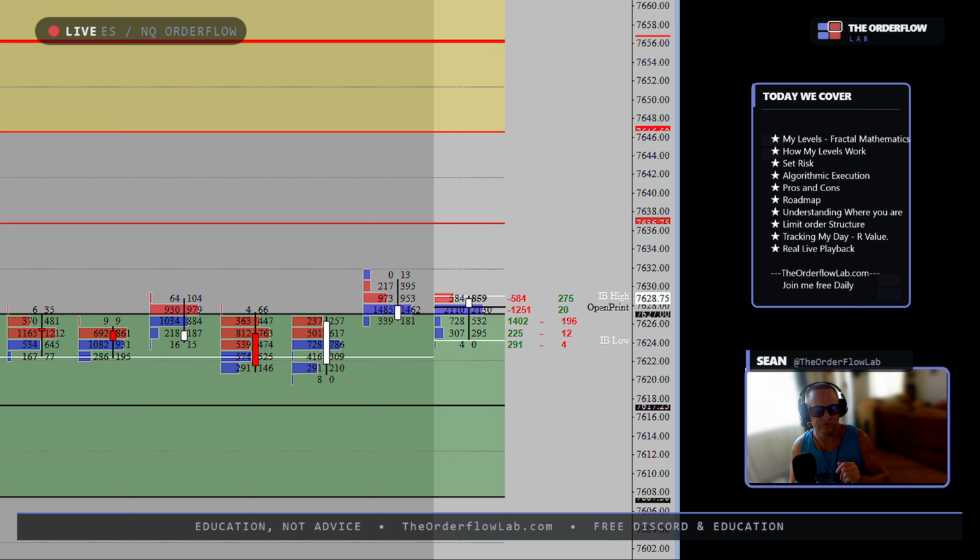We hate directional moves, right? But on directional moves down, the only signals that are going to fire are long signals off levels, because it comes down, hits the level, bounces, and then it just gets sold through because we're one time framing down. So we just keep getting drilled on these longs.